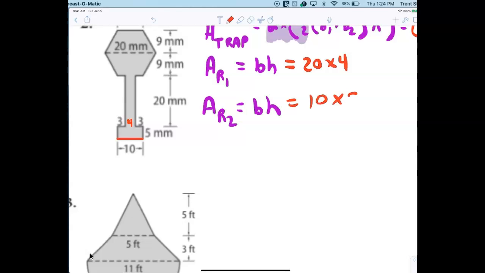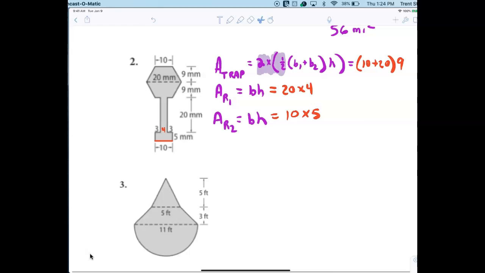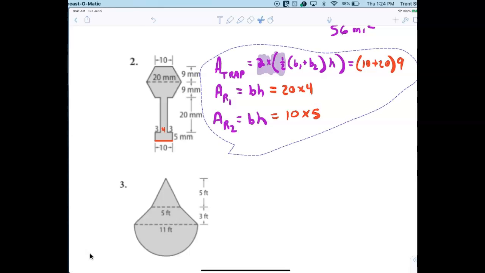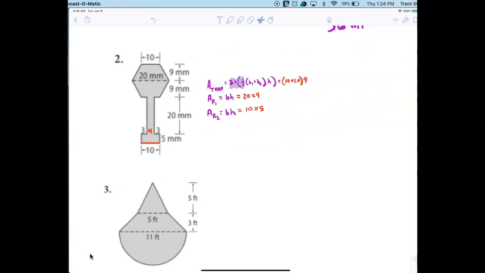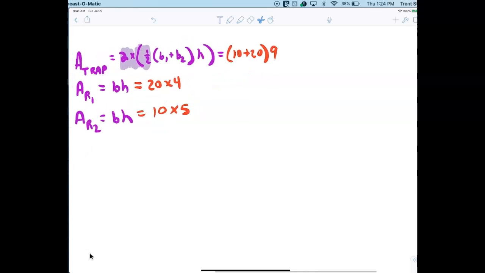Good job. All right, now what I want to do is shrink that down so I can do the calculation and blow it up a little bit. So now what's 10 plus 20? 30. 30 times 9. 270. We don't need a calculator for that. 20 times 4. 80. 10 times 5. 50.